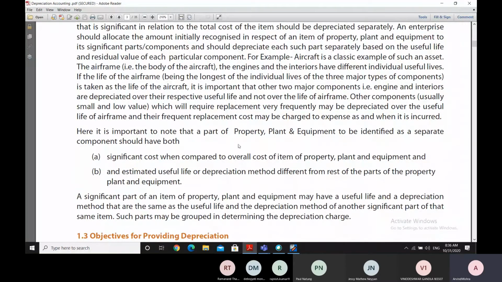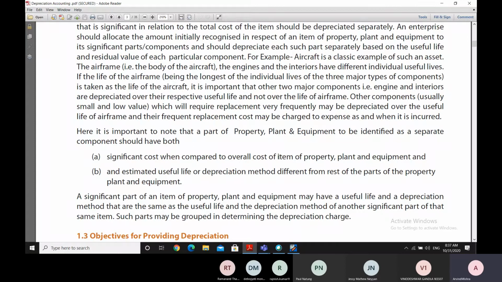Now, it is important that a part of the property, plant, and equipment to be identified as a separate component should have two things. One is that it should have a significant cost when compared to the overall cost of the item. And secondly, its estimated useful life or depreciation method should be different from the rest of the parts of property, plant, and equipment.